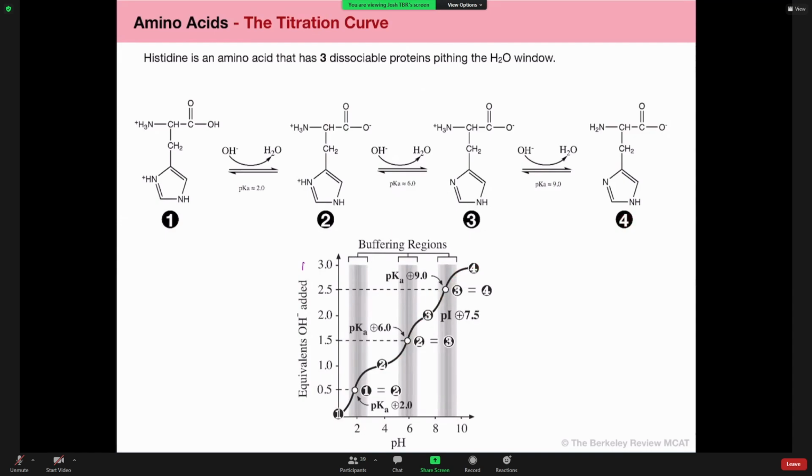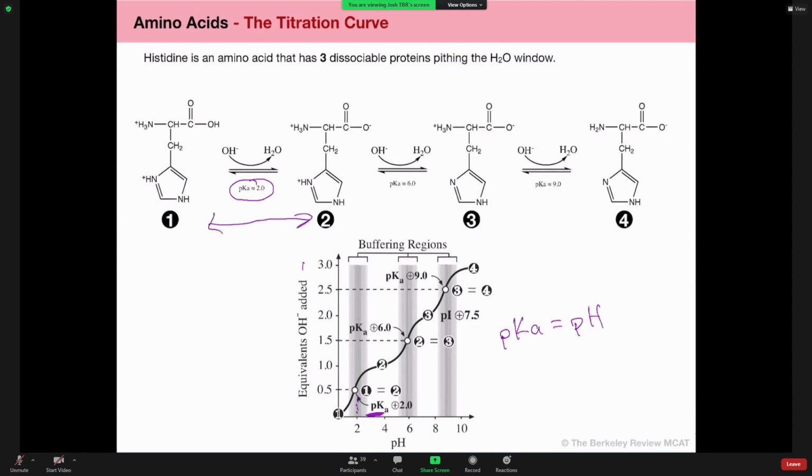Now, the big takeaway here is that at the pKa, I'm going to write this down: when the pKa equals the pH of the solution, so here's pH 2, this is pKa 2, that's at half the equilibrium point between these two species.